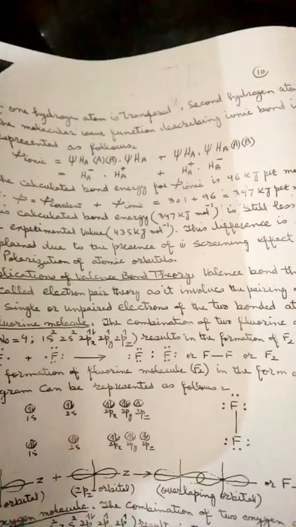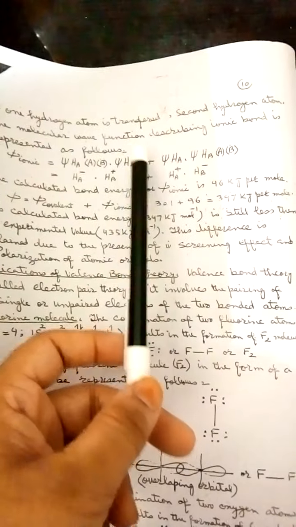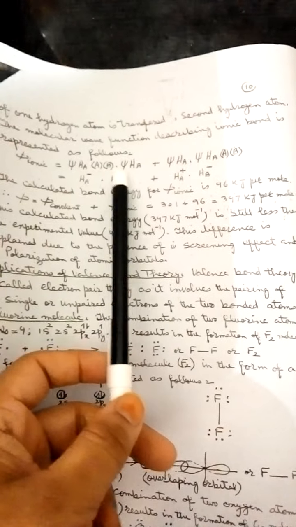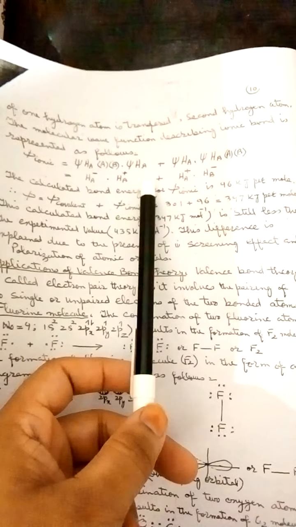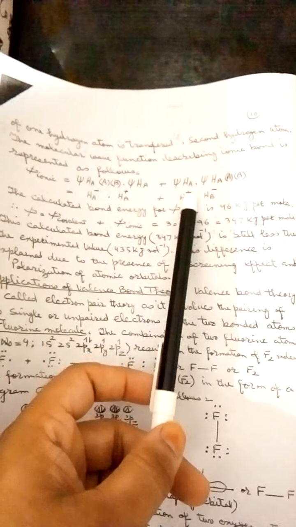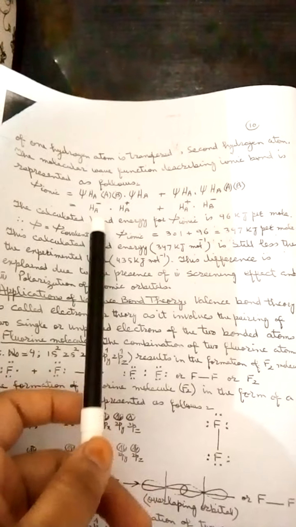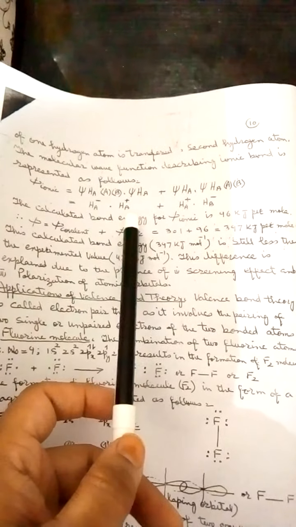The molecular wave function describing ionic bond is represented as follows: phi ionic is equal to psi HA(A)(B) plus psi HB. Here the electron of A is transferred to B. Transfer of electron takes place, and because the electron is gained here, a negative ion is formed: HA negative ion plus HB positive ion.